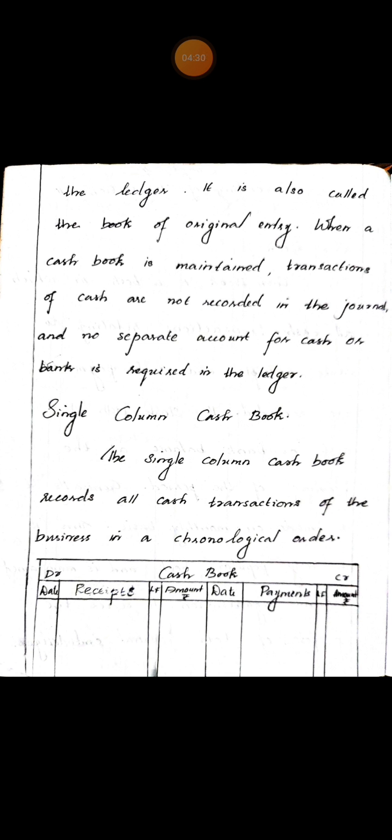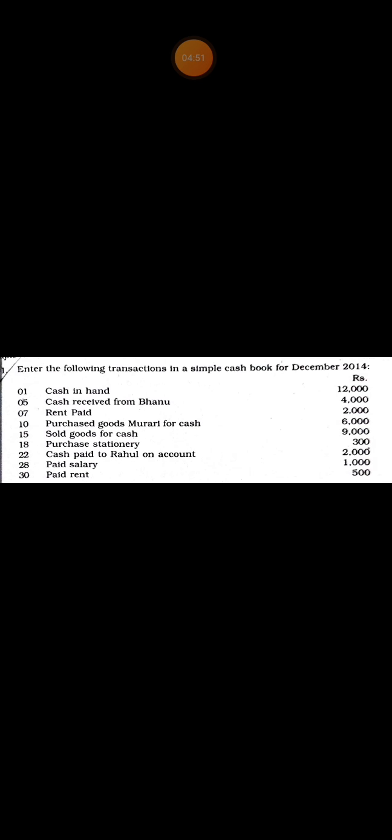Then amount. The amounts received are written on the debit side and amounts paid are written on the credit side. Date, receipts, ledger folio, amount, date, payments, ledger folio, amount. This is the format of a cash book.